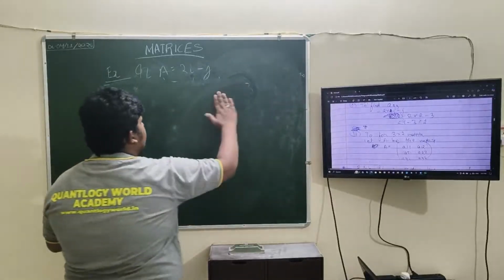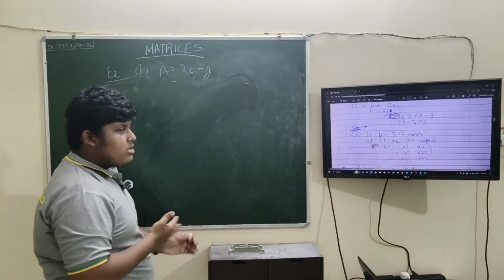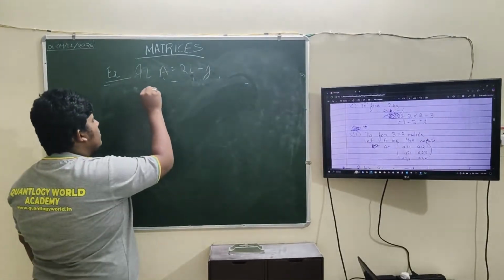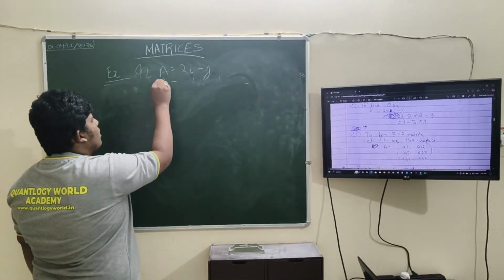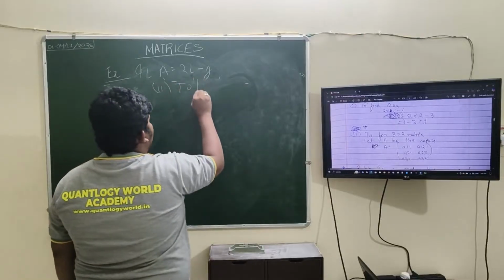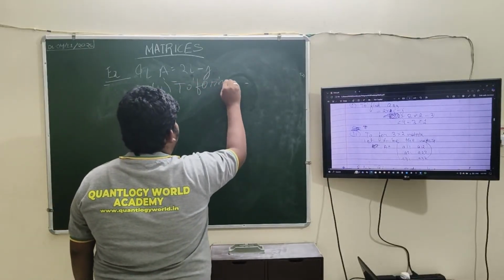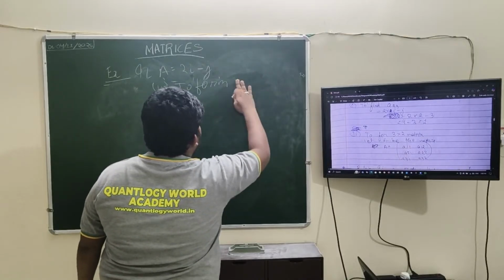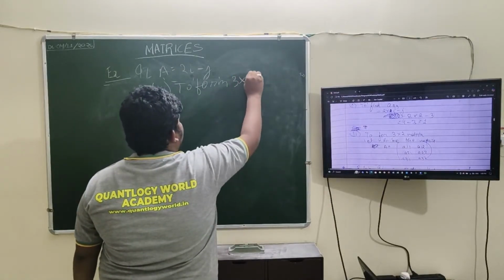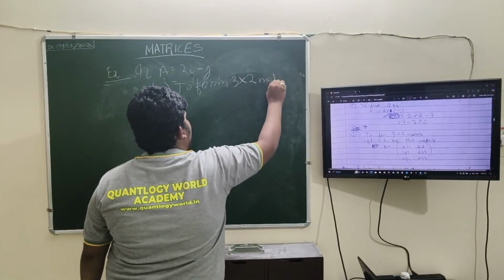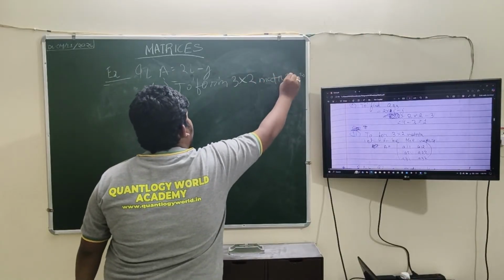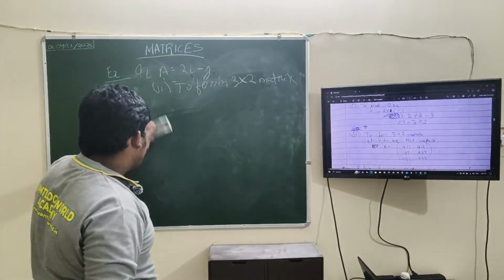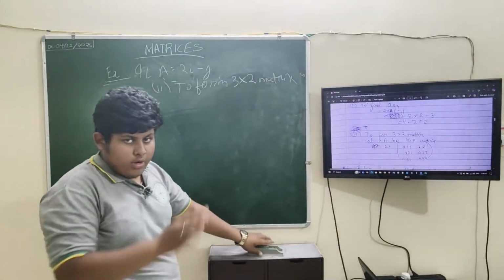A 3 cross 2 matrix means the number of rows is 3 and the number of columns is 2. So first we will write the form of the matrix, then we will put the values in it.